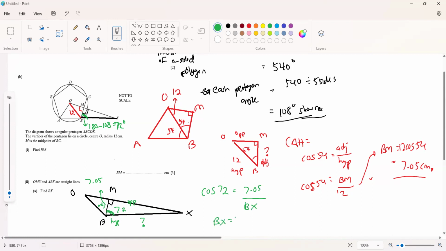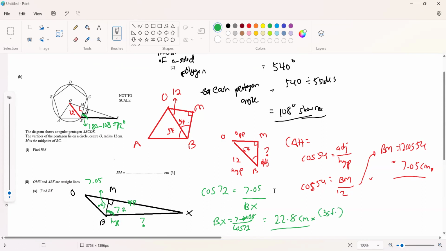So BX equals 7.05 divided by cos 72. That will simply give us 22.8 cm to three significant figures again.